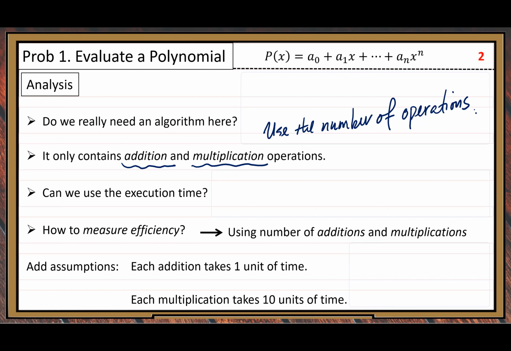Think about that. That difference is pretty big, right? 10-to-1 ratio, pretty big. That's what happens in CPU. So we add this reasonable assumption, close to the real world, but not necessarily exactly the same. But it's good for our discussion here.